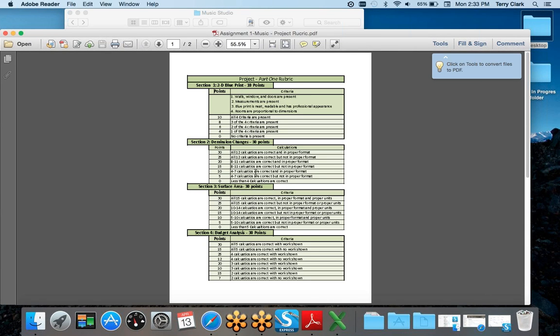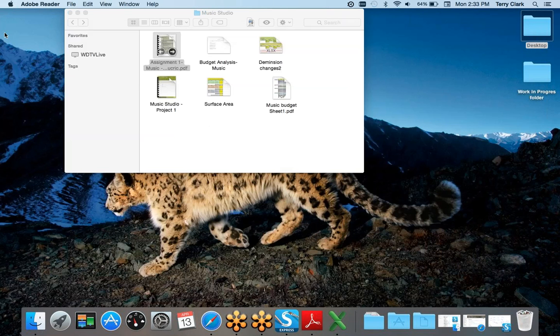We're going to see that it's the same rubrics, so everything in the rubrics is going to be the same. The only difference is going to be in how you do your 2D blueprint and your budget. The music guys have a different budget than the movie guys, so that'll be the difference.